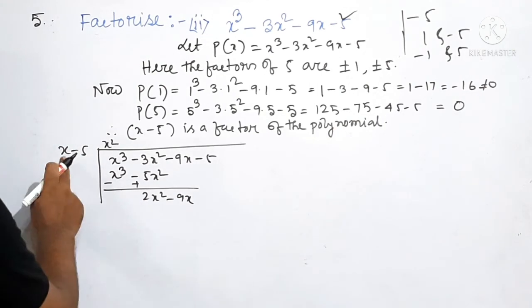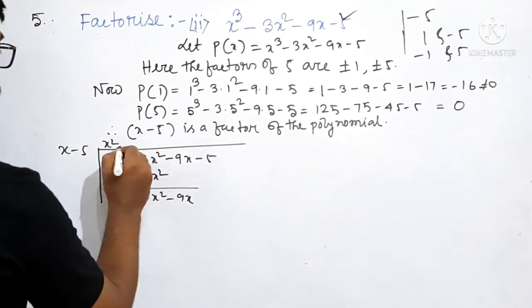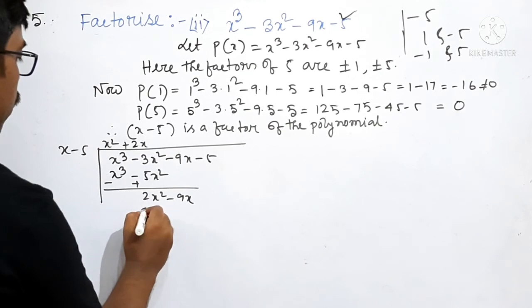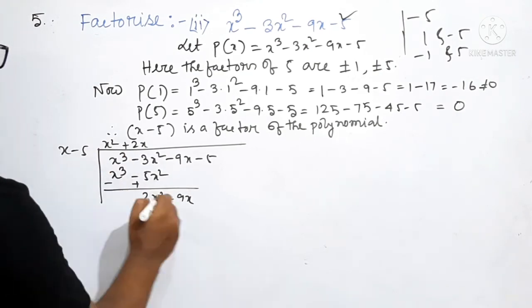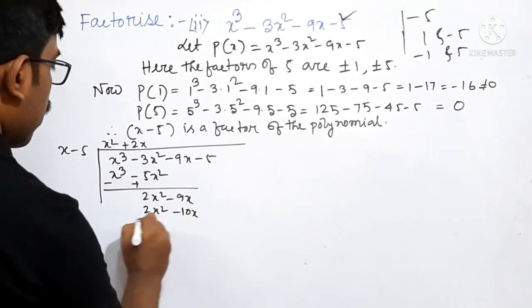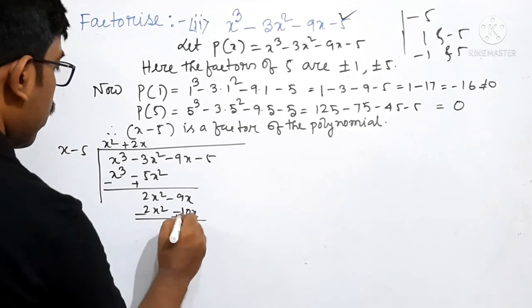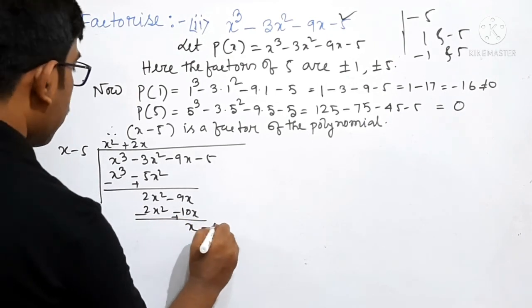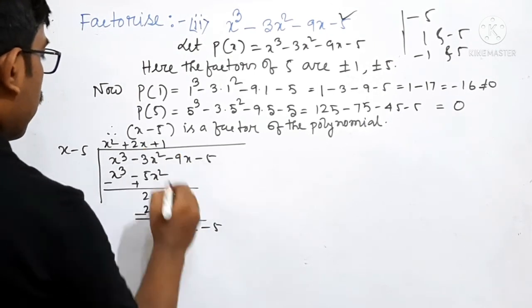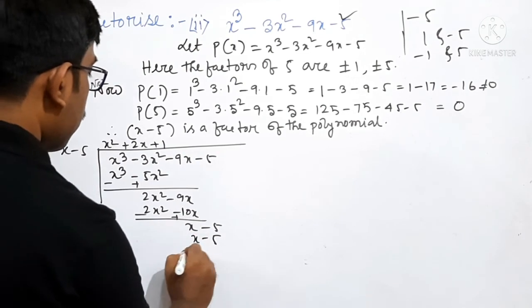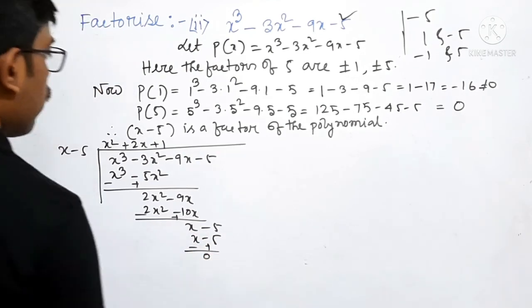To make 2x square, we multiply by plus 2x, and it will be 2x square minus 10x, and the remainder is x minus 5. Then plus 1 gives x minus 5, and the remainder is 0.